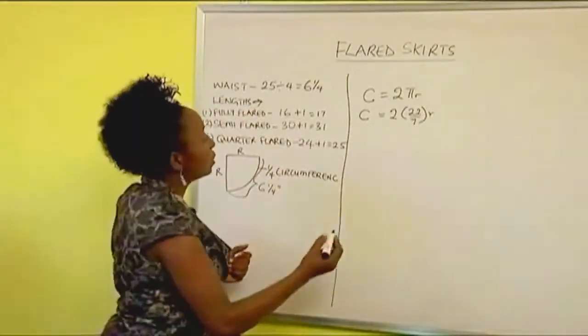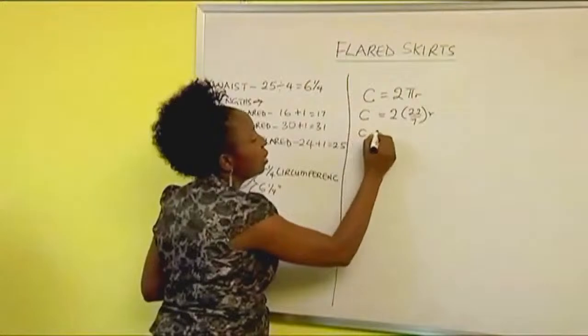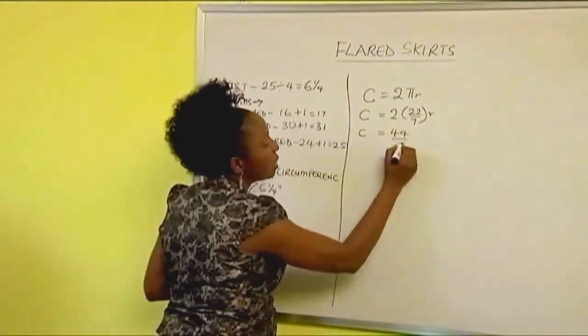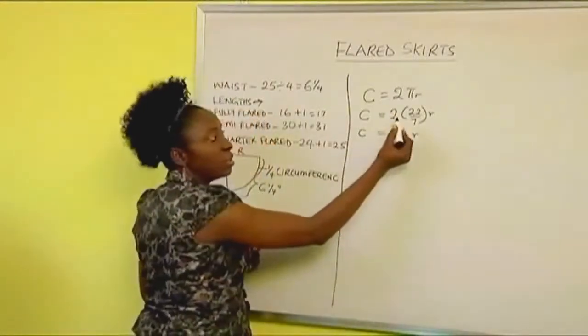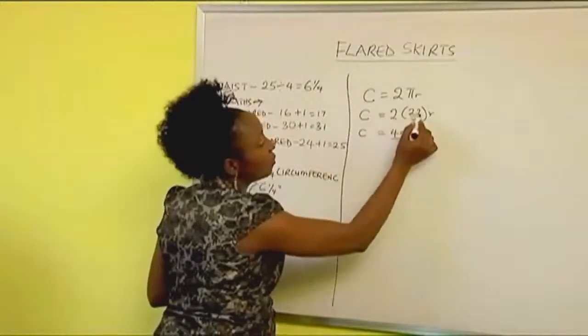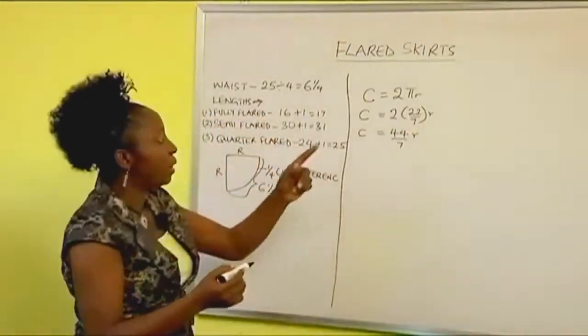I'm going to open that up a little, so that gives C equals 44/7 r, because I just multiplied 2 times 22. That's all I have to do. And I get my 44/7, which will multiply by r.